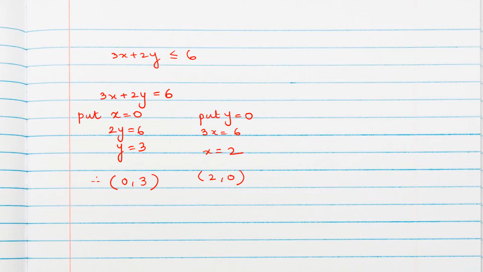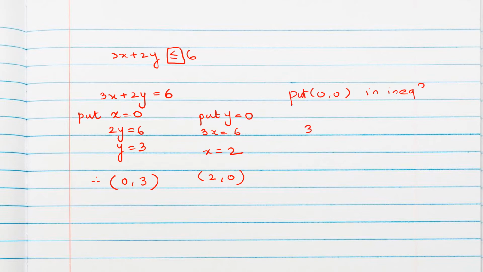Now see, this symbol is there. This represents an inequation. Inequation means one of the two regions can be the solution, any one from the two, that means the origin side or away from the origin side. So how can we decide? See, we will substitute (0, 0) in the inequation.